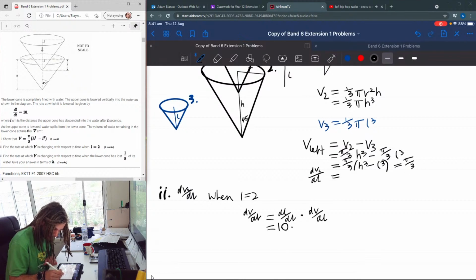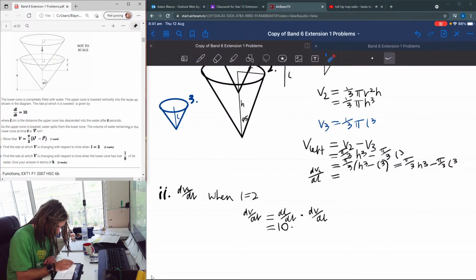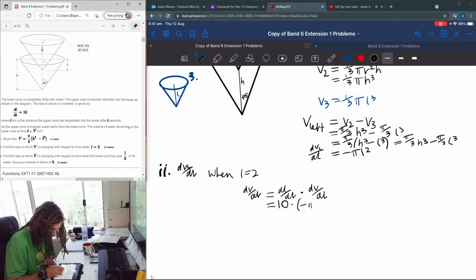Pi on 3 h cubed minus pi on 3 l cubed. Okay, the derivative, that doesn't exist. The 3 comes down here and cancels that, so I'm just going to have minus pi l squared. Times dL dt, so that's minus 10 pi l squared.